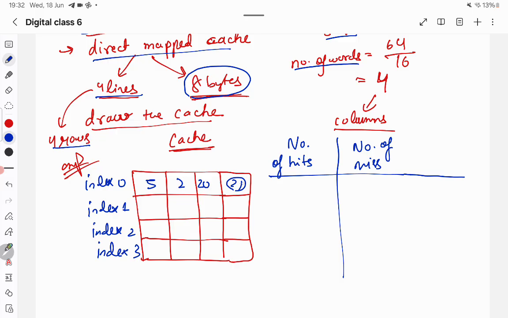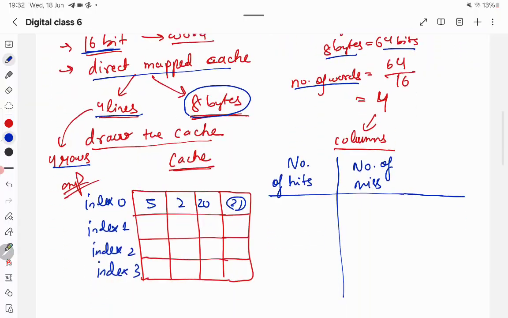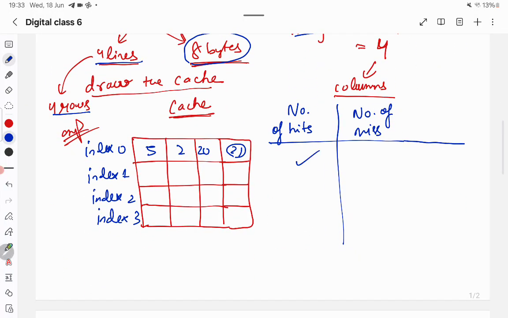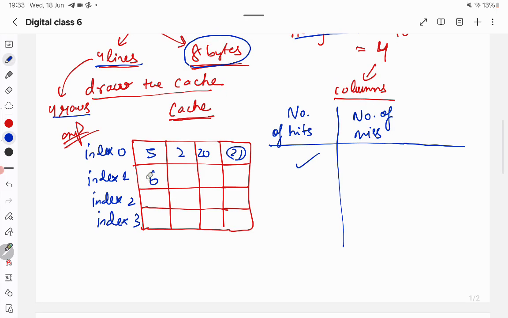Since 21 is there in the cache, you will not go to the main memory to check the information. So this is a hit. Let's say you are searching for 6. 6 is not there in the cache, so it is a miss. Whatever is not there in the cache is a miss.